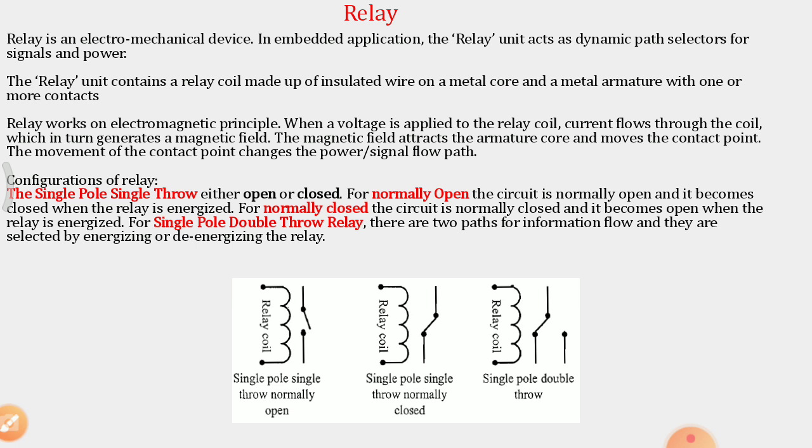Then it connects two parts of the circuit. For normally closed, the circuit is always closed, and it becomes open when the relay is energized. For a single pole double throw relay, there are two paths for information flow, and they are selected by energizing or de-energizing the relay.